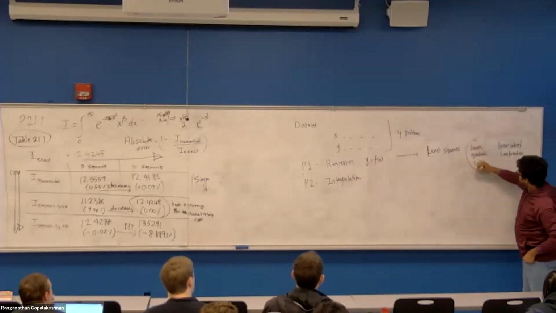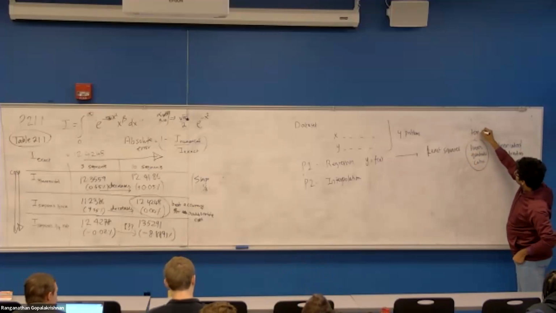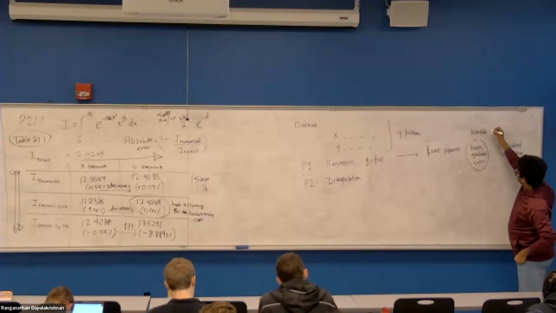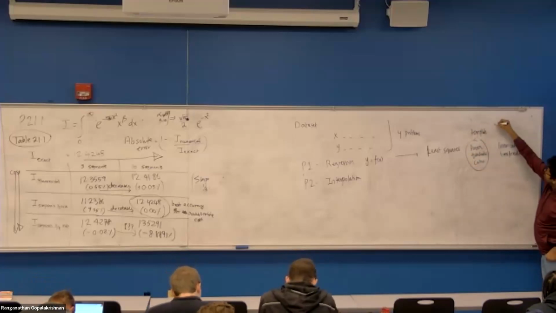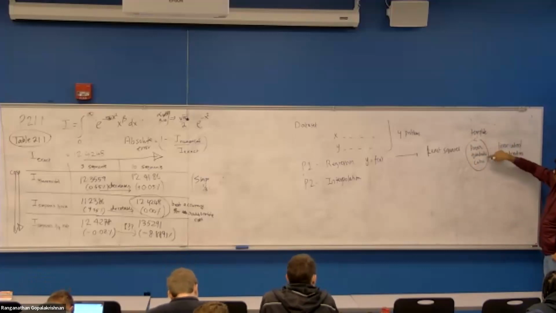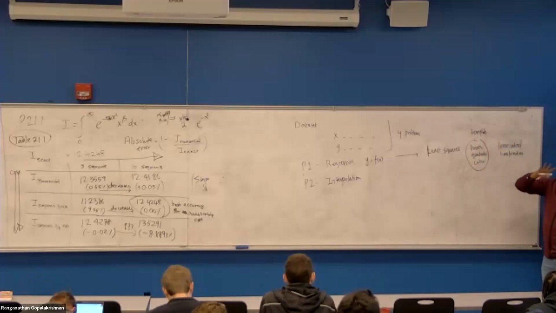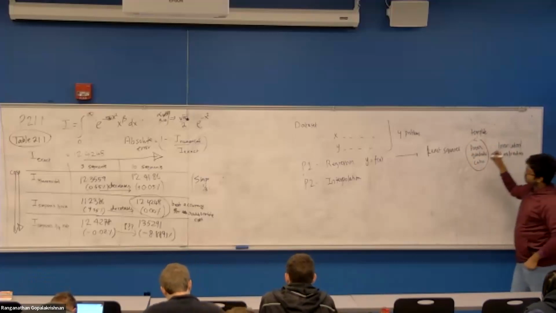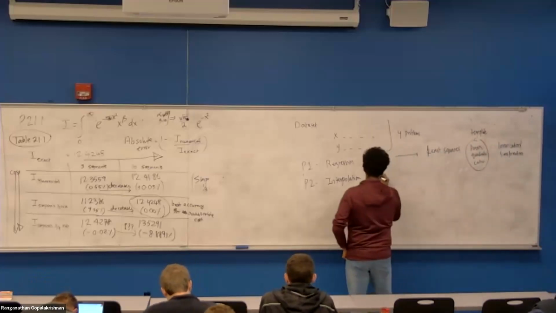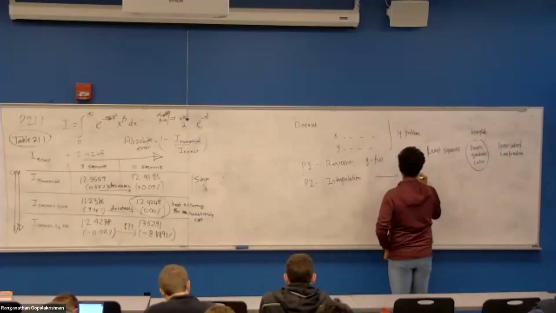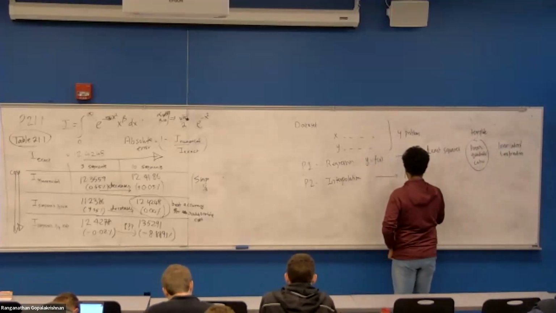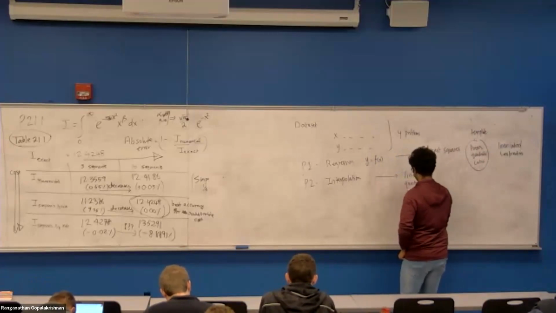In all of these, you should think about how you will choose your template. For example, linear requires that you have 2 points, quadratic requires 3 points, cubic requires 4 points. So you have to think about the template. Interpolation, again we did linear, quadratic, cubic.